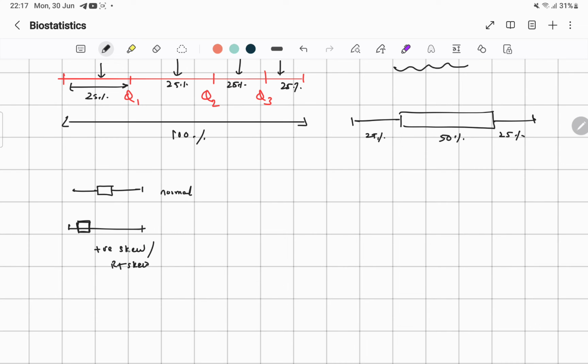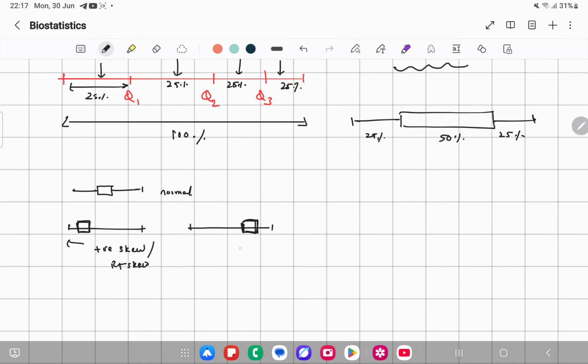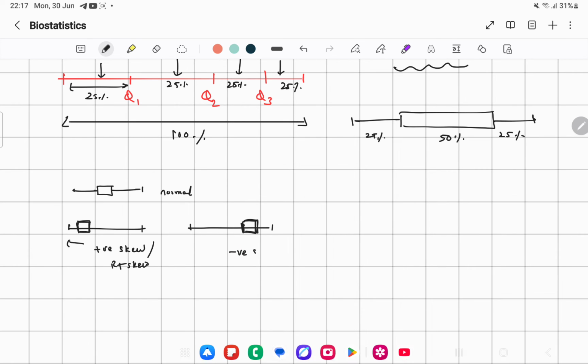If the box is more towards the right side, then it will be a negative skew or left skew. Understood?